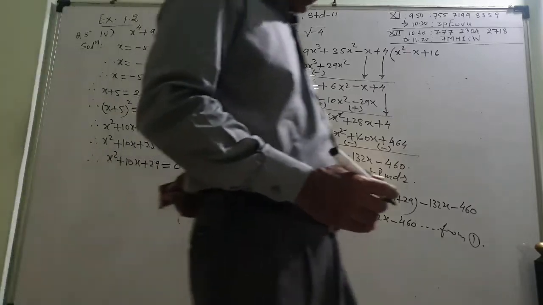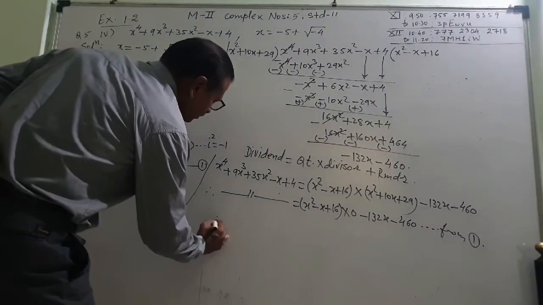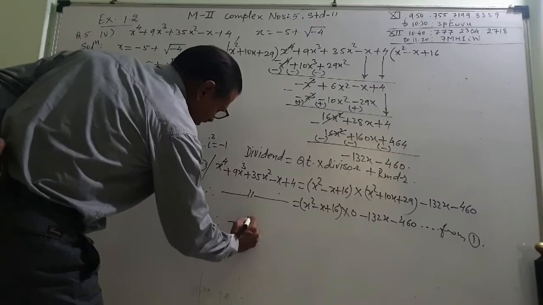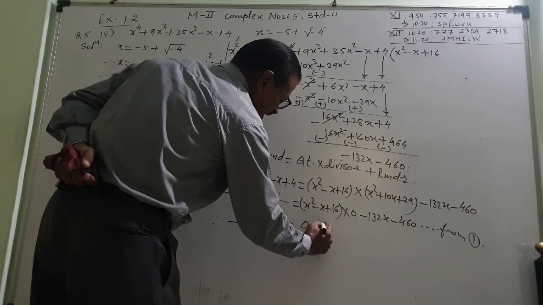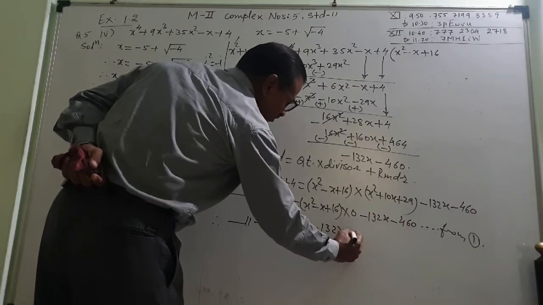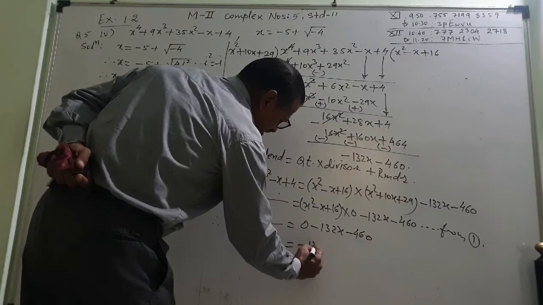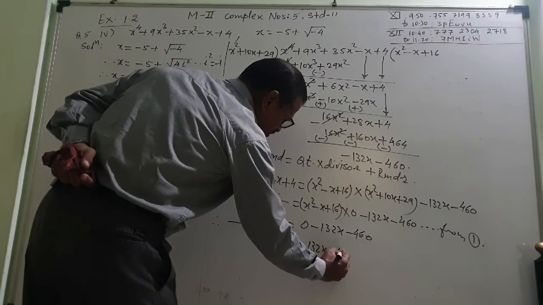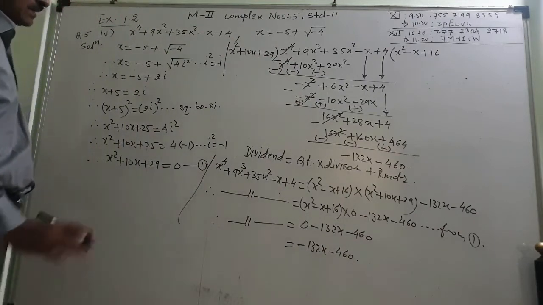Hope that this also you can see in the video. Yes, you can see. One more step I can write here, and therefore this part is 0 minus 132x minus 460, and that is equal to minus 132x minus 460. So this is all the answer is.